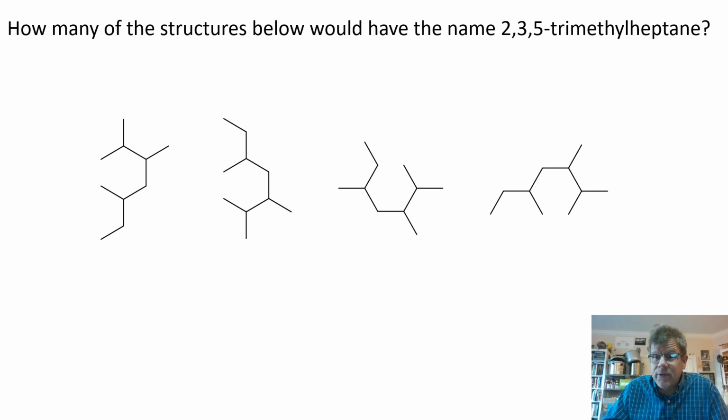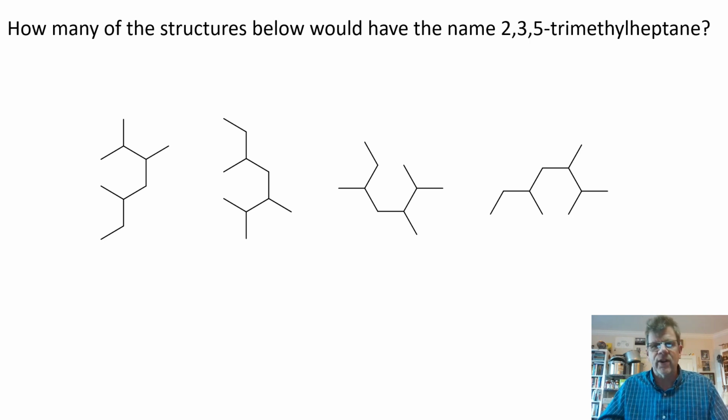Really the only way to do this is to name all 4 of these compounds by using the rules of IUPAC and see if any of them come up with the name 2,3,5-trimethylheptane. We're using those Greek modifiers now. There's 3 methyls, trimethyl, and notice there's 3 numbers there.